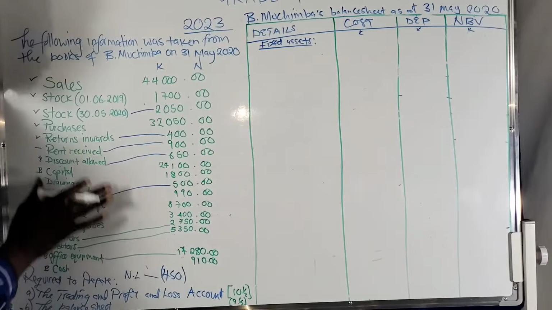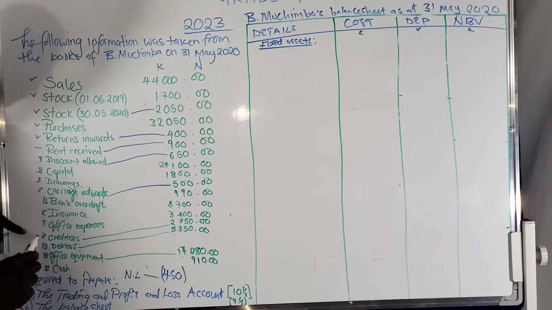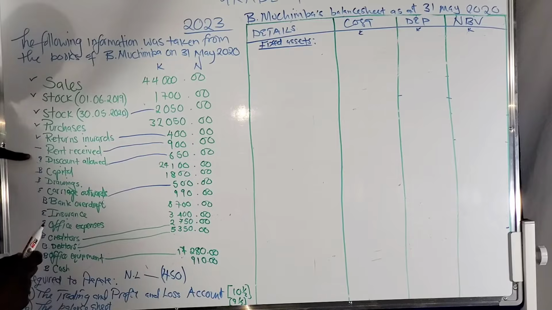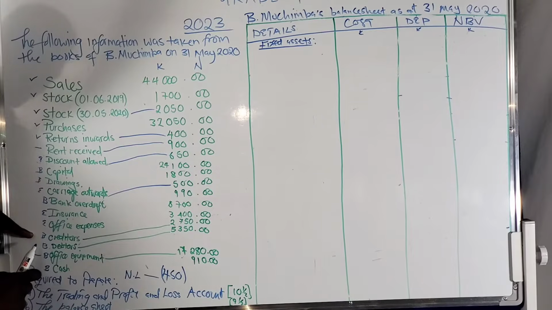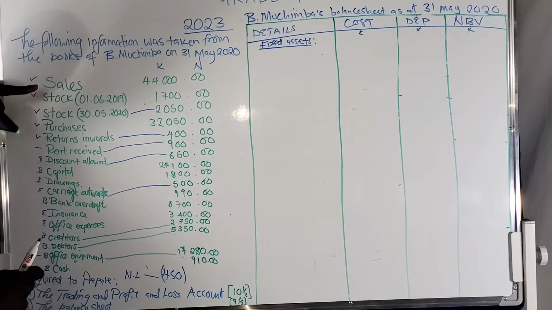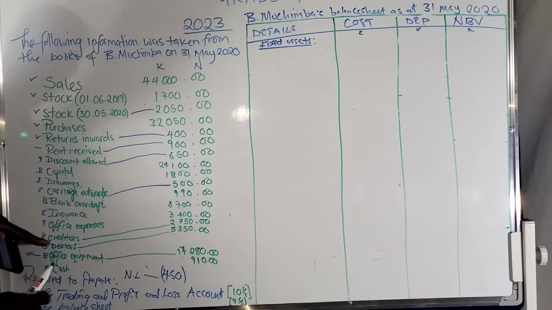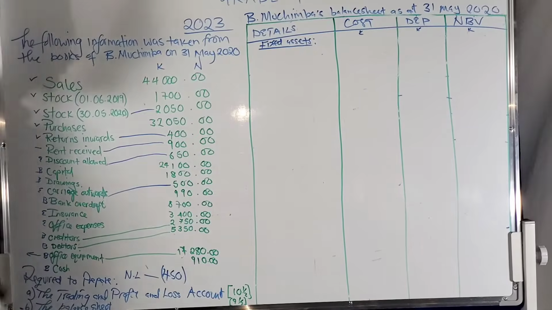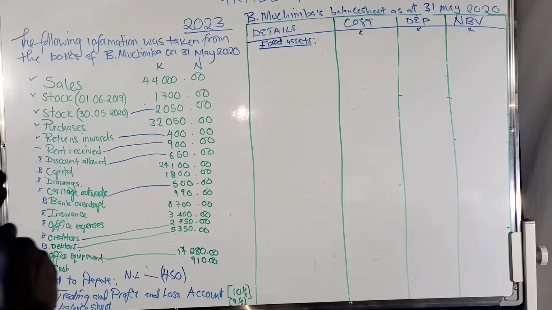So let's identify the fixed assets here. We have office equipment. So from the top there: discount, capital, drawings, bank, insurance, office.